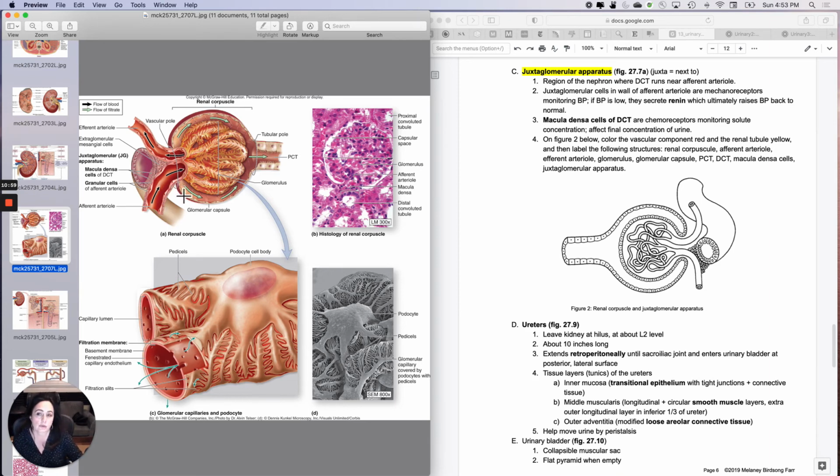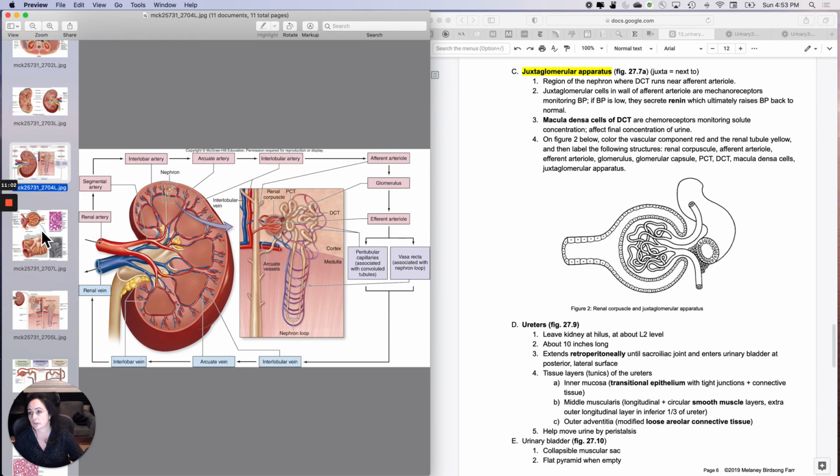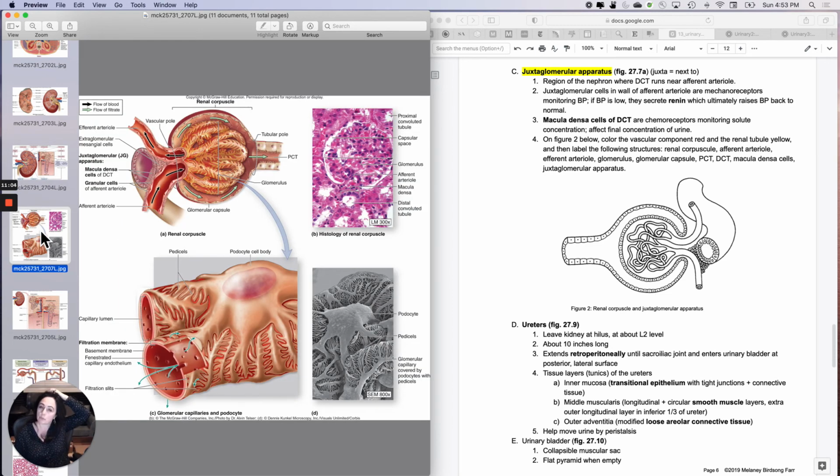If blood pressure is low, they start a mechanism of increasing your blood pressure. They secrete an enzyme called renin, which will ultimately increase the pressure in the system. So if these detect low pressure, they'll say we need to do something to raise the pressure, and that is secreting this enzyme called renin, which raises blood pressure by two mechanisms.